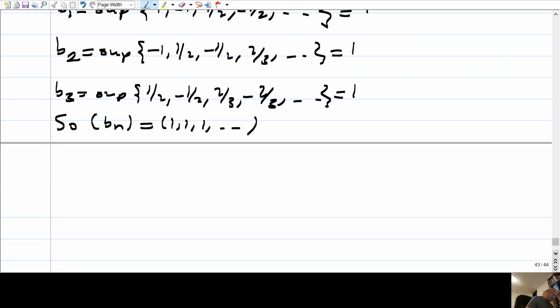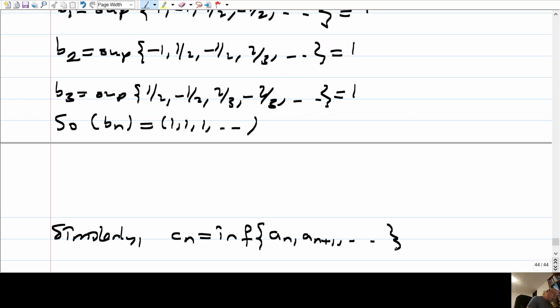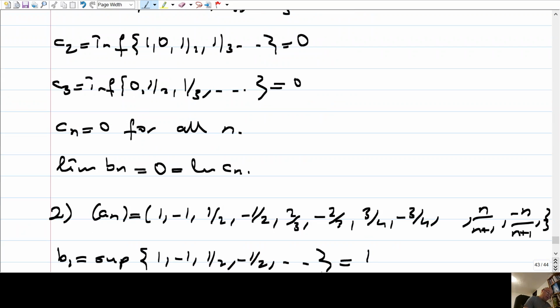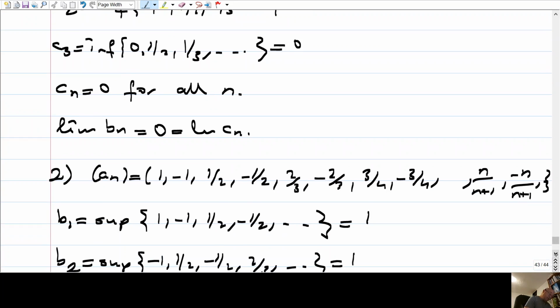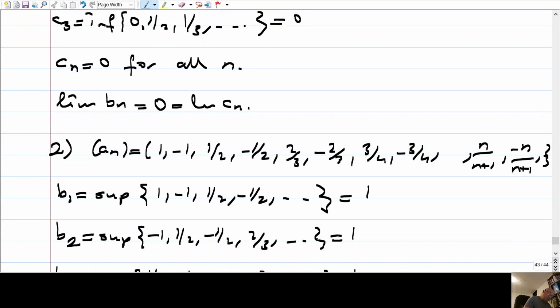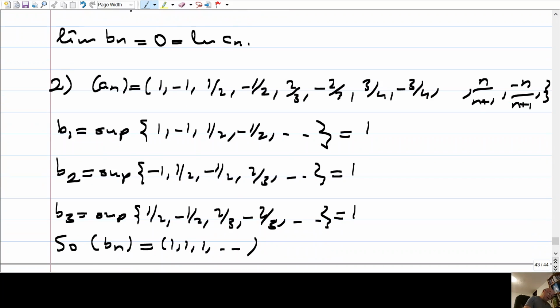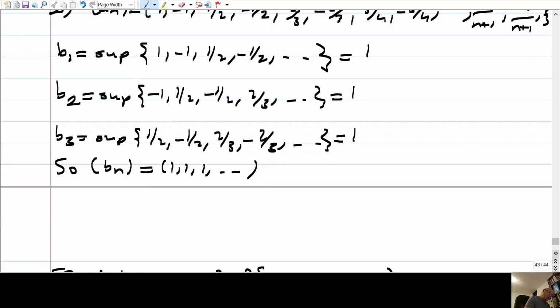And similarly, Cn, the infimum of an, an plus 1, and so on. When you take the infimum, this time you will get minus 1, minus 1, again minus 1, because this time I have minus n over n plus 1, and the infimum is just minus 1.